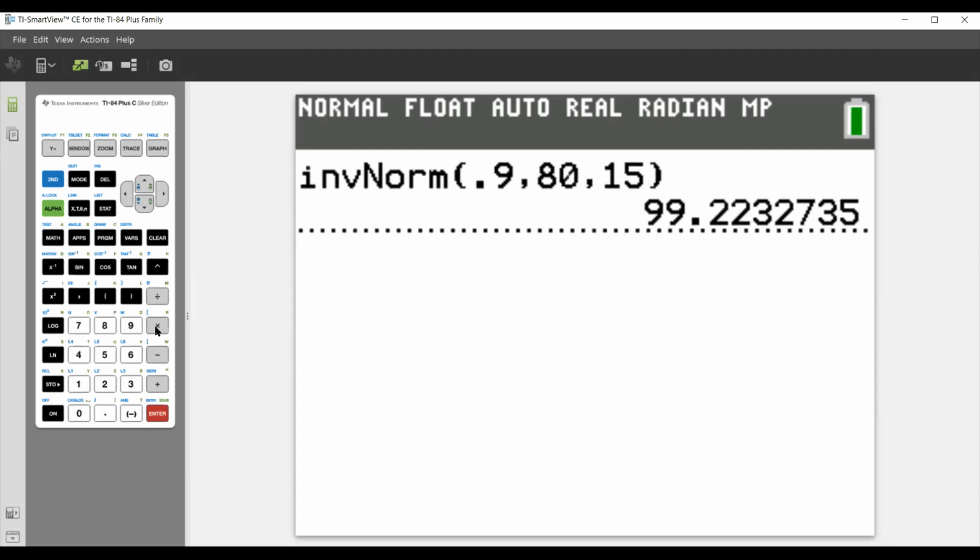So what if you're trying to find the time to complete a task? All right, some sort of task. And let's say the average for most people is 100 minutes. And the standard deviation is 8 minutes.